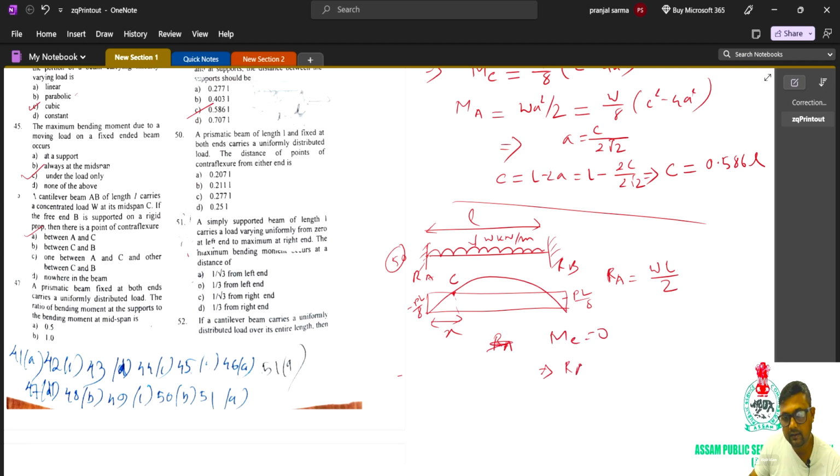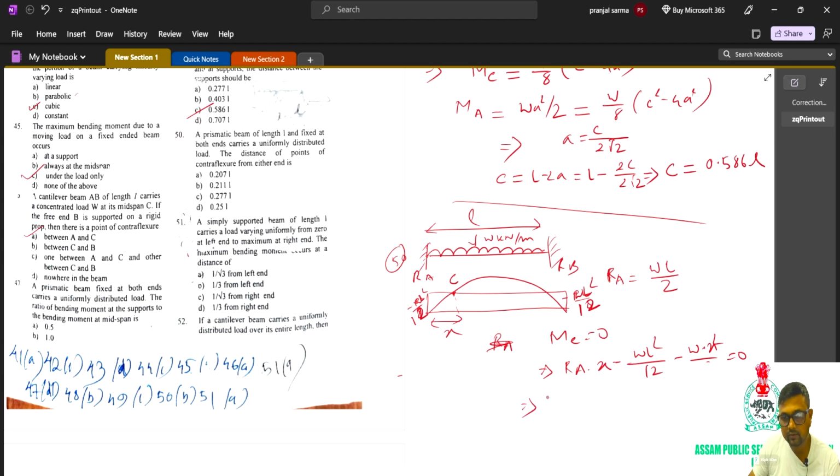So RA into X minus, sorry, this is WL square by 12. This is 12. Minus WL square by 12, minus for this UDL, W x square by 2, is equal to 0.